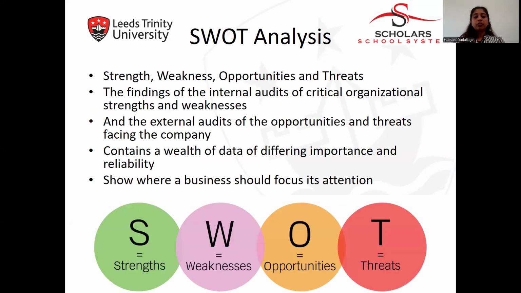When we move into detail about SWOT analysis, you can see that strengths and weaknesses are the findings of the internal audits, or we can say that strengths and weaknesses are originating from the internal environment of the business. Opportunities and threats are originating from the external environment of the business, or from the external audits.